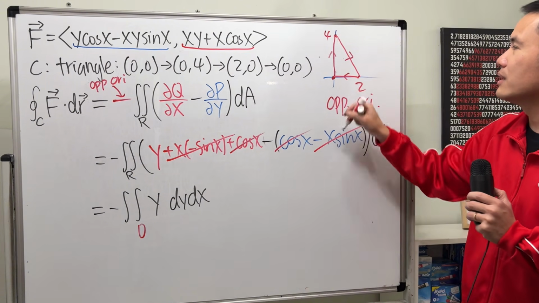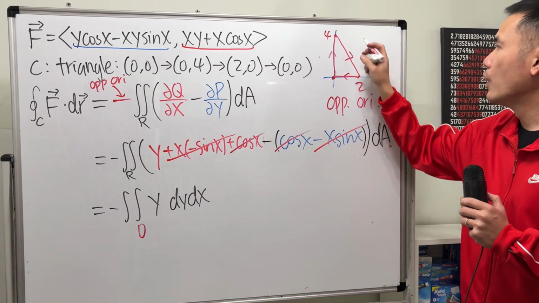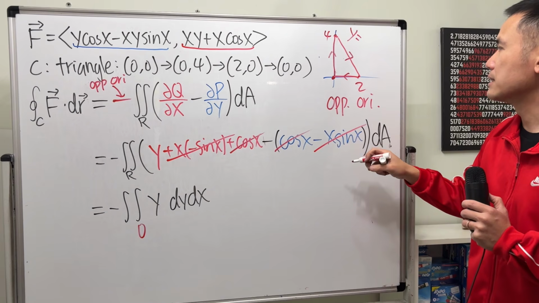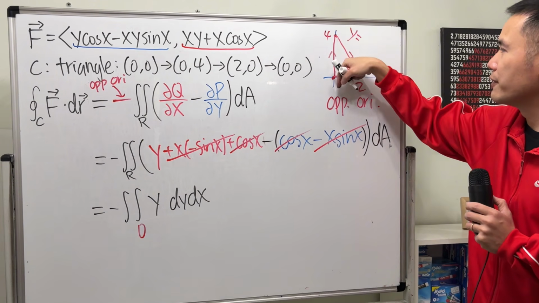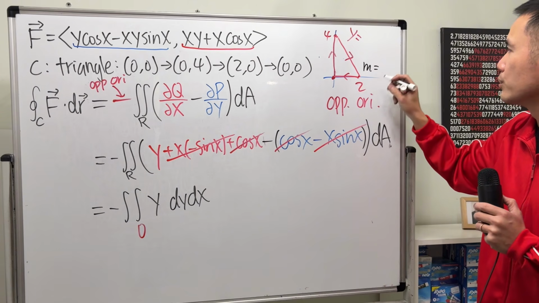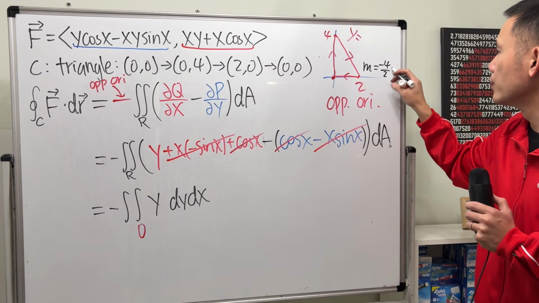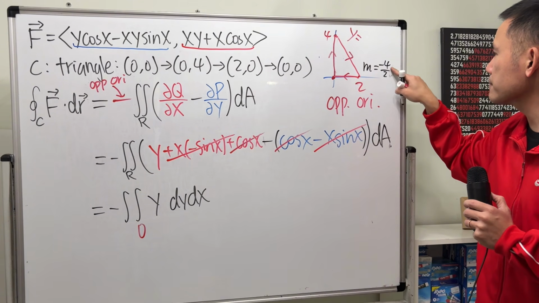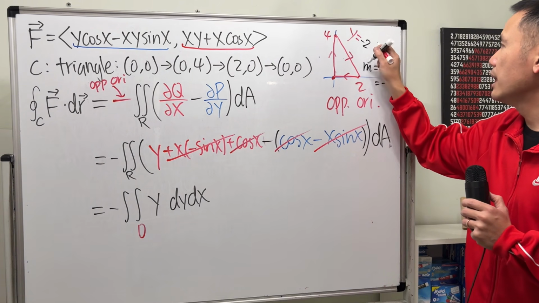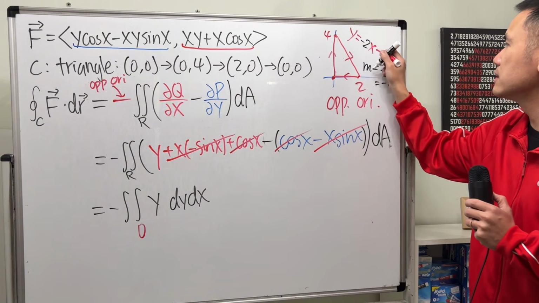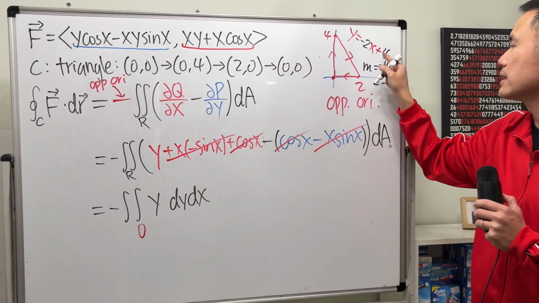As for the top function, here we have a line, y equals mx plus b. What's the slope? We go down by 4 and we went to the right by 2, right? So it's negative 4 over 2, which is negative 2. So m is negative 2, and then the x, and then the b is 4. That's the y-intercept.